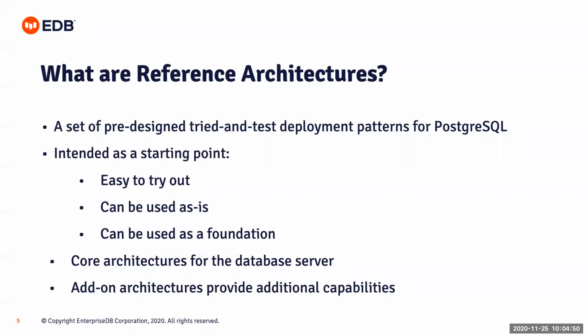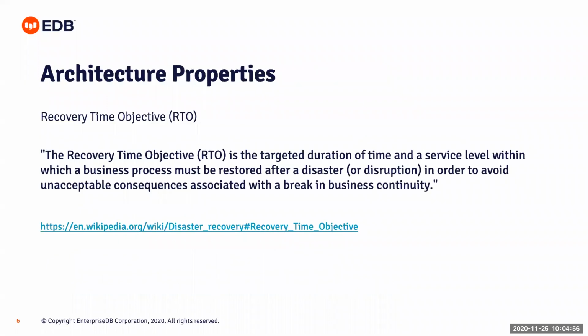So let's talk about the properties of architectures, database architectures in general. And there are 4 of them. The first one is recovery time objective, which in short is how long does it take from when your primary database server has failed until you are up and running again. That is what RTO actually is.